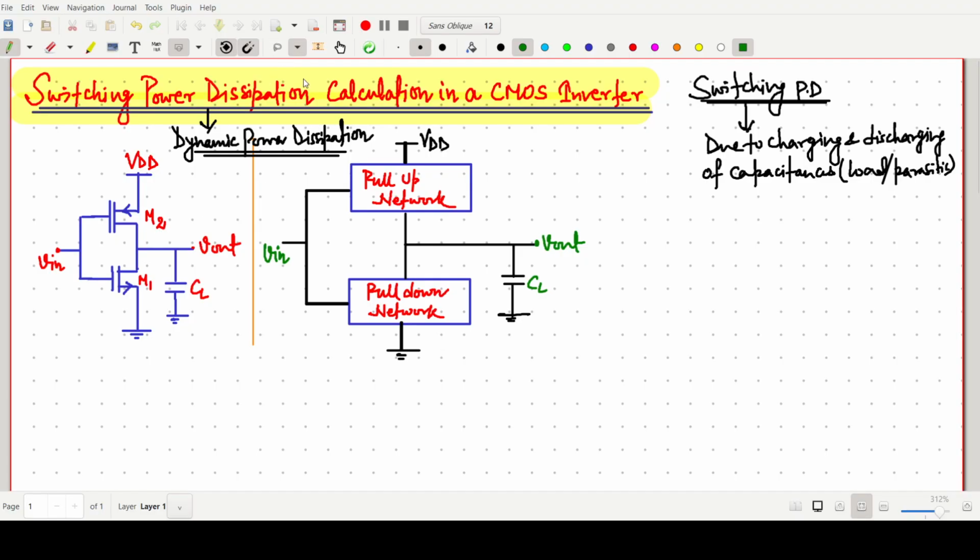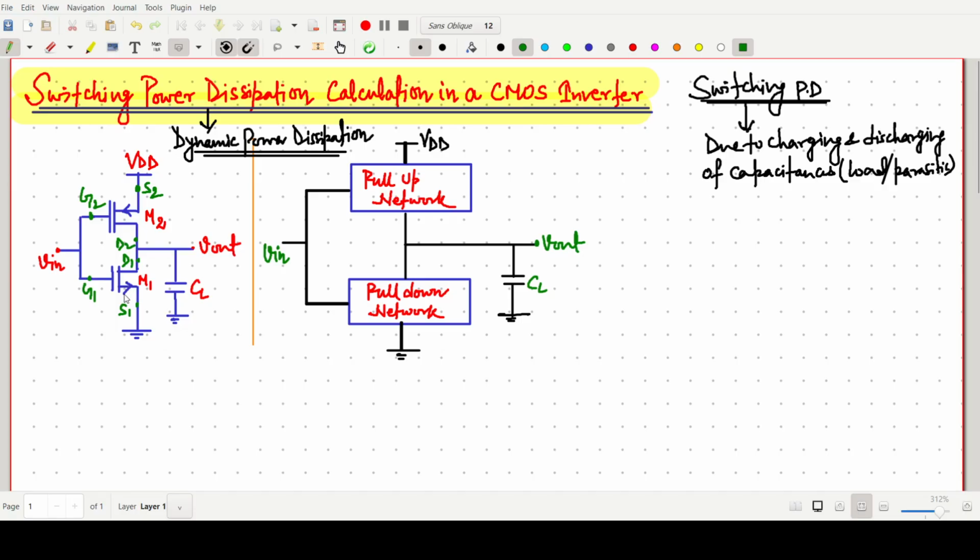So we are taking this CMOS inverter. In this CMOS inverter, this is our source terminal, S2, for M2, this is the gate, this is drain 2, and this is drain 1, this is gate 1, and source 1.